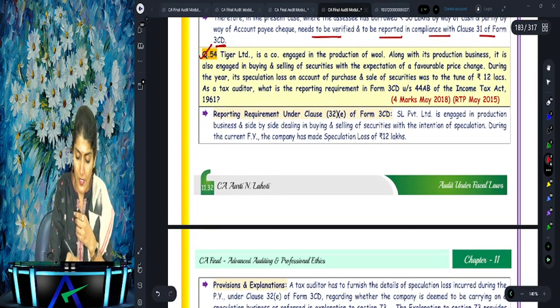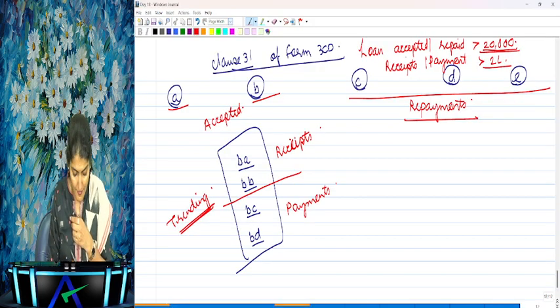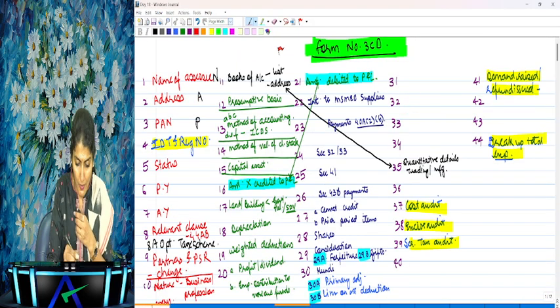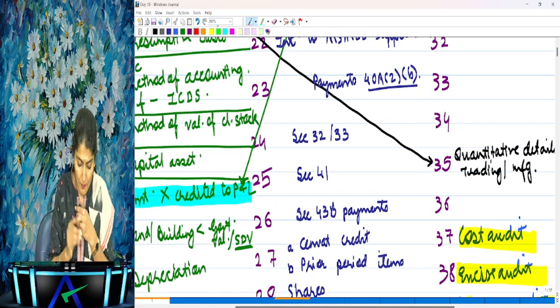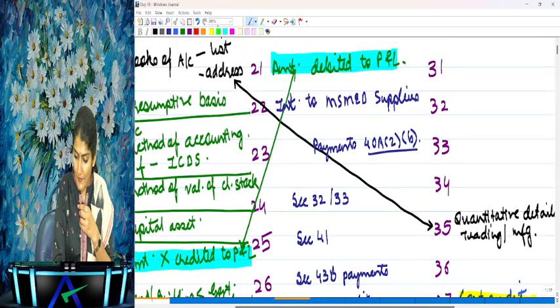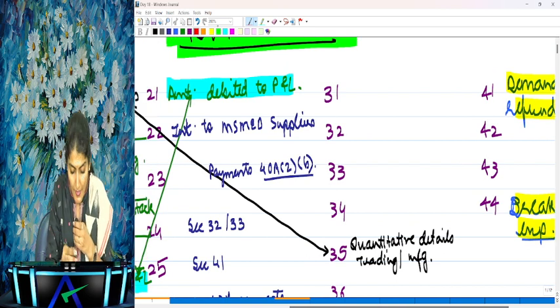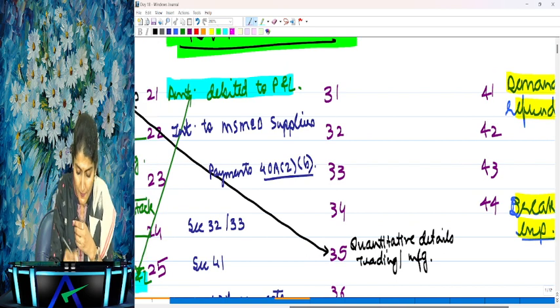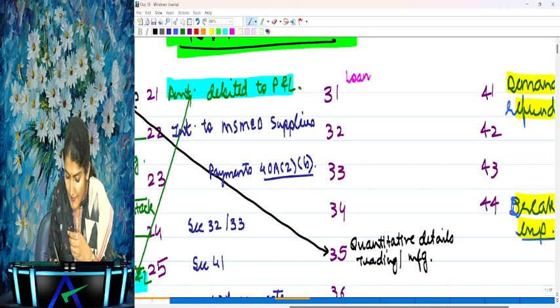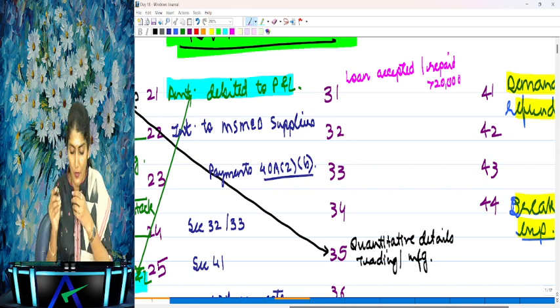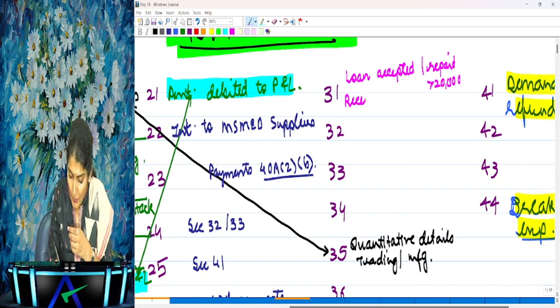And now coming to clause 32. If I come to the table which we are preparing here, so far we have written up to clause 30. Now we write about clause 31. What is 31? It is regarding loans accepted or repaid of more than 20,000 other than by account payee cheque or draft, and also receipts and payments of more than 2 lakh.